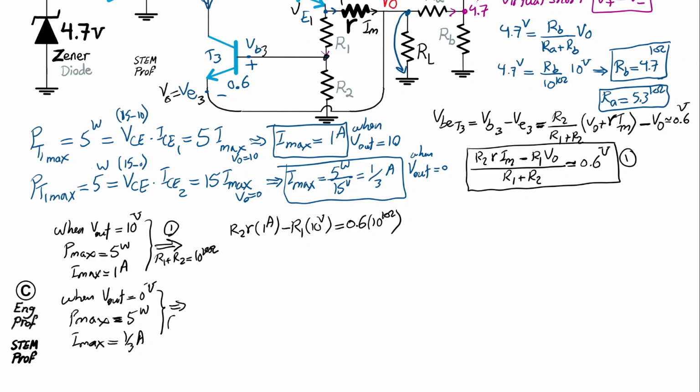So again, knowing that R1 plus R2 is 10 kilo ohm, and using equation 1, I apply these things and I get R2 times 1/3 amp for Imax, minus R1 times Vout, which is 0, equal to still 0.6 times 10K.